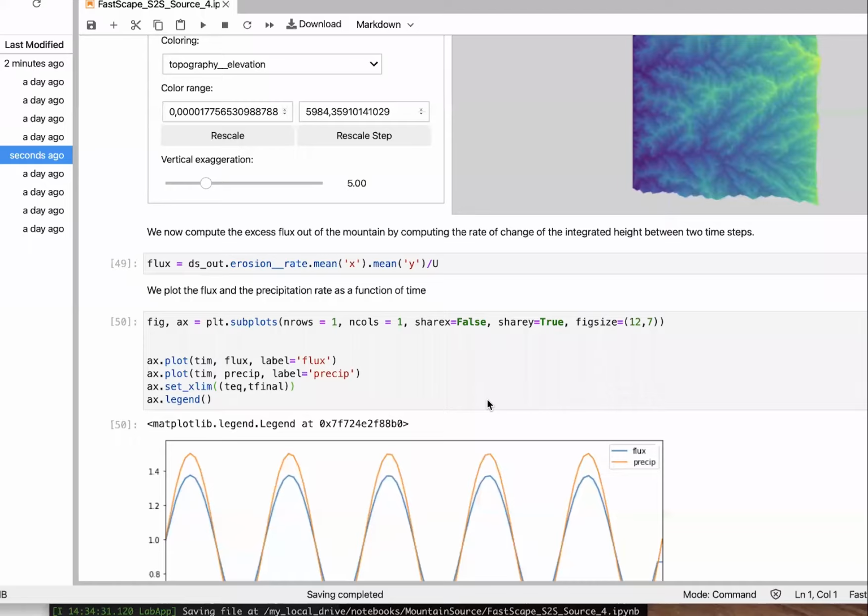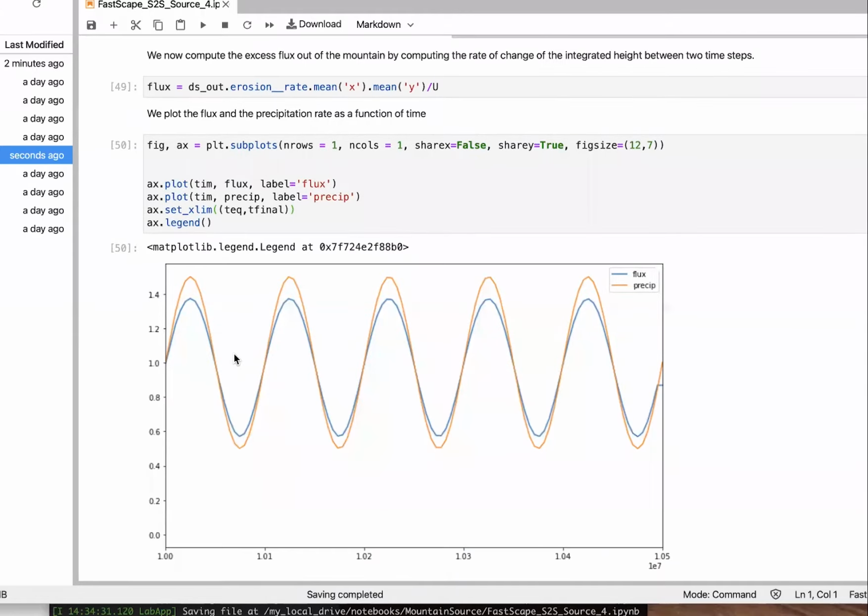This one? Yes, sorry, 0.8. I don't have this one. I just have forcing. And I actually tried to do everything like you.